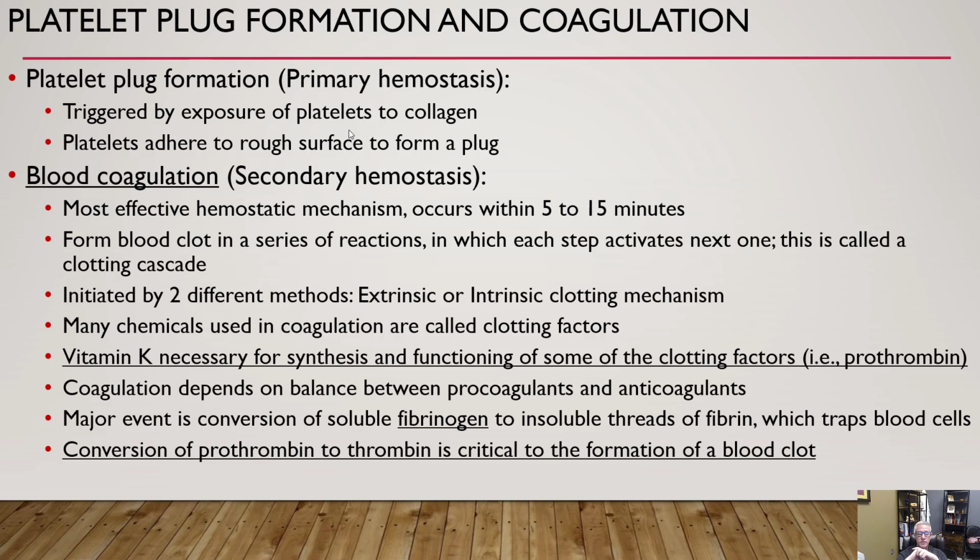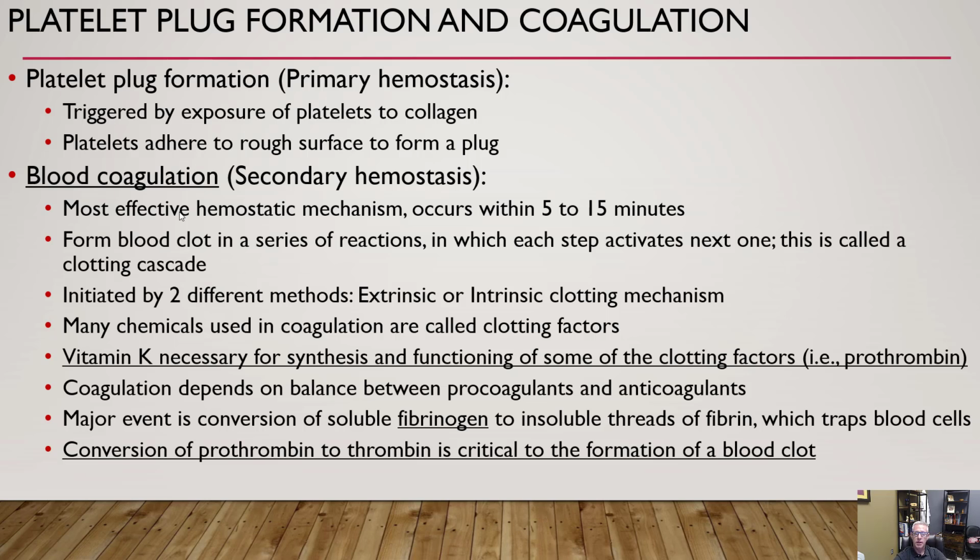Secondary hemostasis is blood coagulation. This is where we talk about the clotting cascade. We have the extrinsic pathway, the intrinsic pathway, the common pathway, and it gets really involved. From here, it's going to be a little bit confusing.